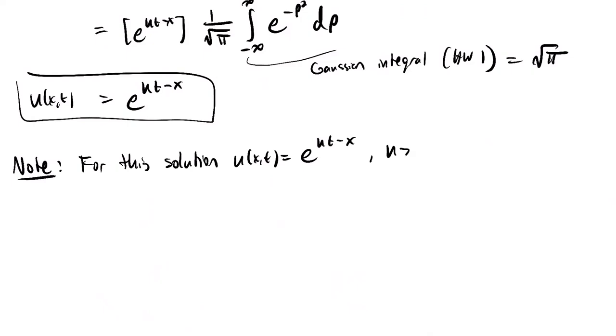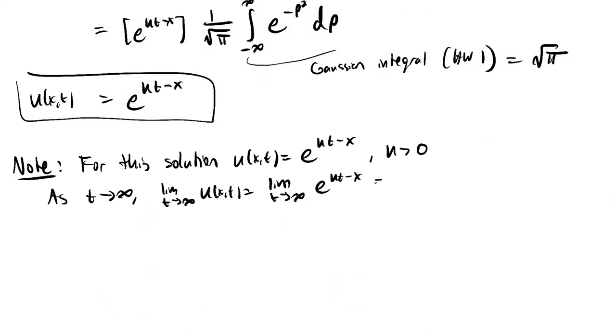Remember that k is usually positive for us. And so what happens if I let t go to infinity? I take the limit as t goes to infinity of e to the kt minus x. This is infinite, right? It blows up. And so this would appear to contradict the maximum principle.